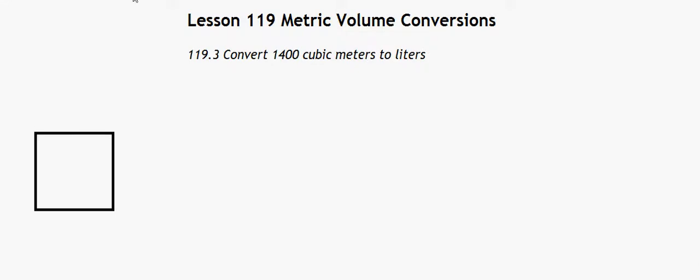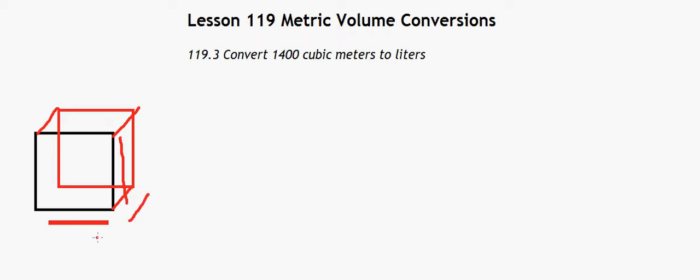If you recall, volumes involve 3 measures, not just length and width, but also depth, right? Where we've got another side this way that goes back. So 1, 2, 3.